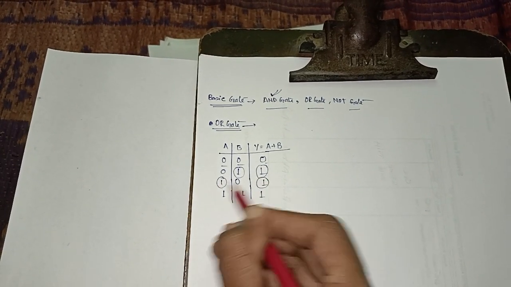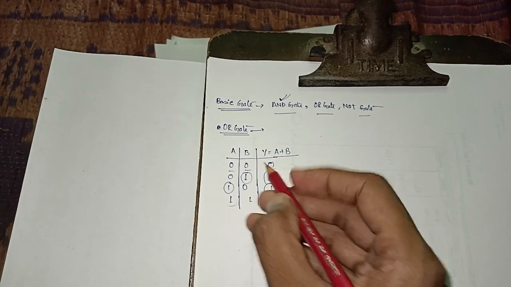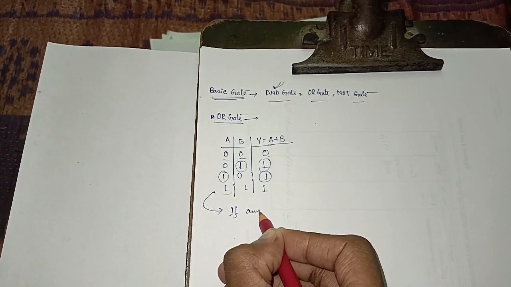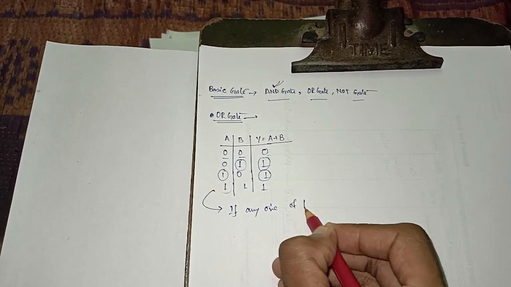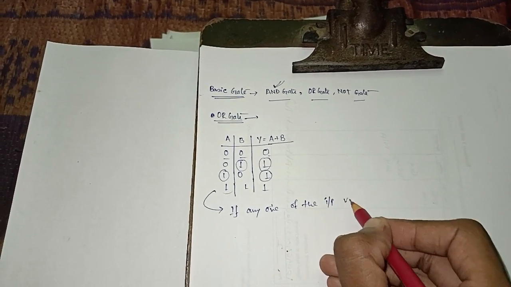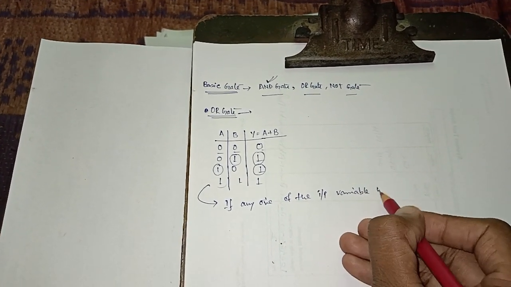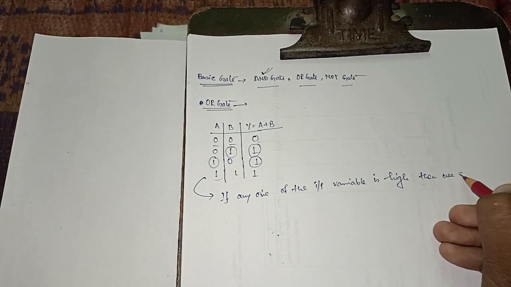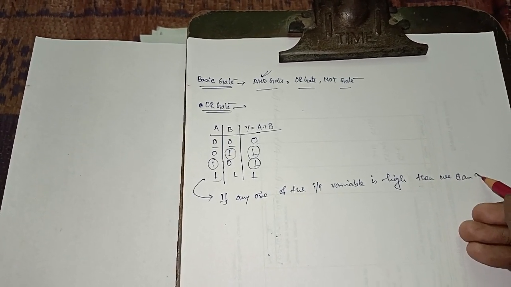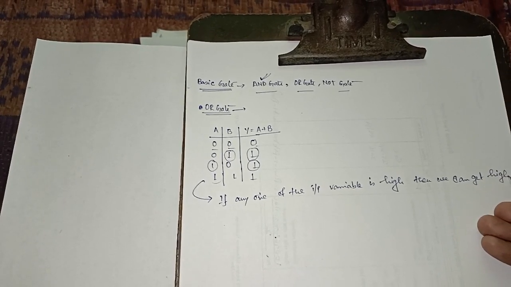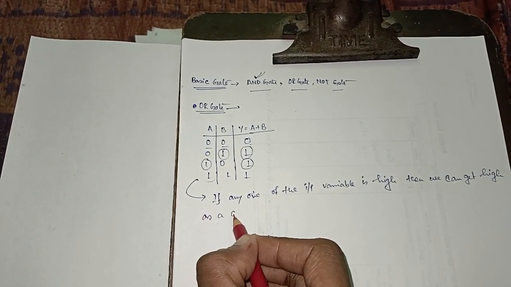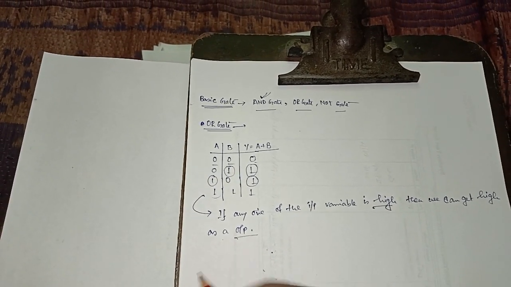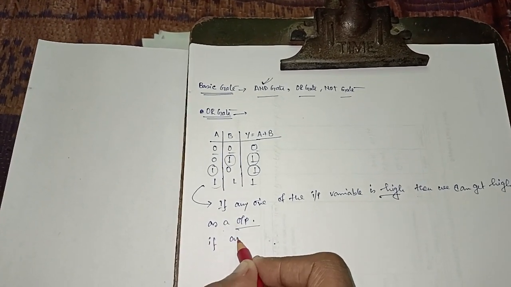From this truth table we can say that if any one of the input variables is high, then we get high as the output.